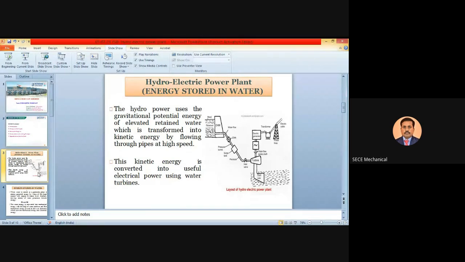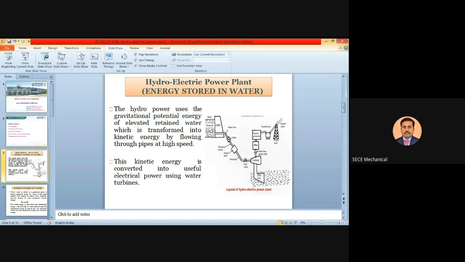Normally water is stored in the dam or reservoir, and that is potential energy. When the water is transferred from a high position to a low position, it flows, and the potential energy is converted into kinetic energy.